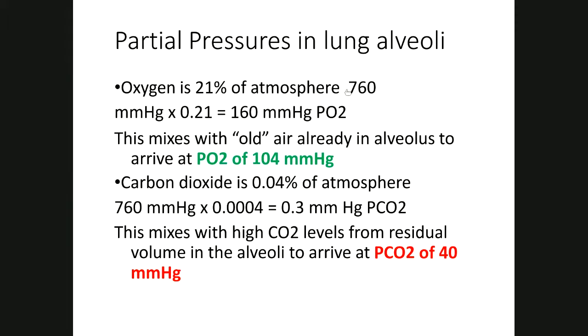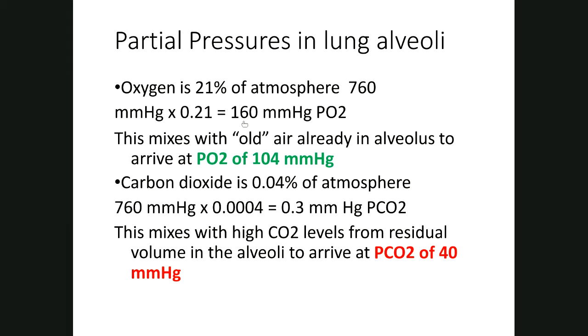So if we do a simple calculation, the partial pressure of oxygen in the atmosphere is 160. Now that air, when it goes into the lung, is going to mix with the functional residual capacity. So the level is going to drop from 160 to 104. Then this level of 104 is going to play a role in gas exchange with the pulmonary capillaries.